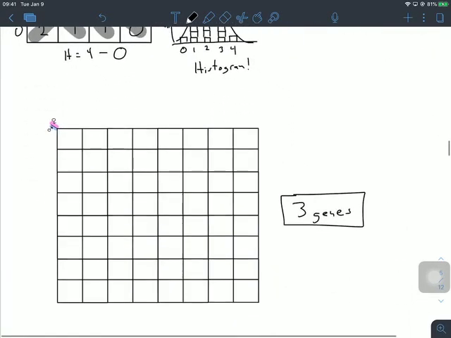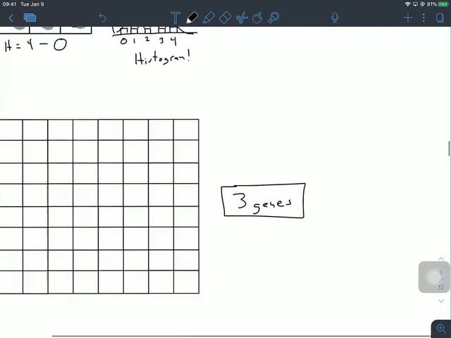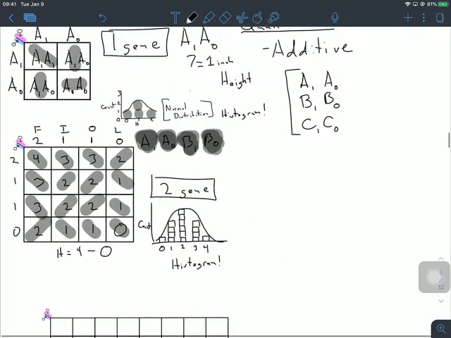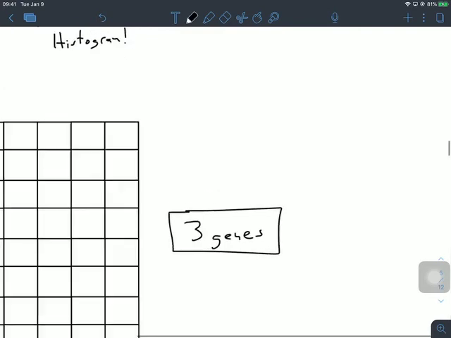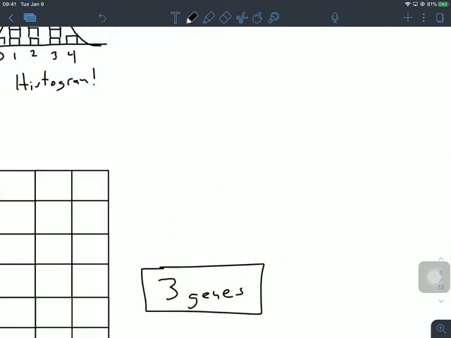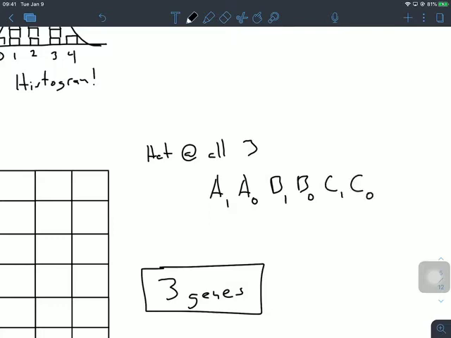So for our 3-gene system, I will leave this for you to fill in because it is great practice. But in the same vein, looking at height, you have 3 loci. Each individual is heterozygous at all 3, meaning that the genotypes are A1, A0, B1, B0, C1, C0.